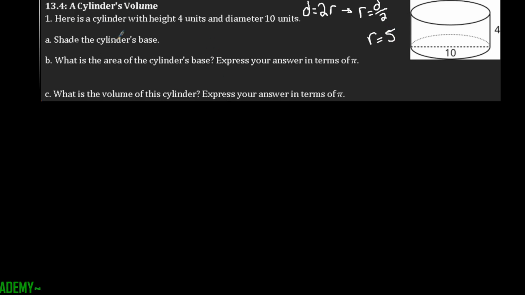Then for part A, it says shade the cylinder's base. What you can do is use a different color for this, so you can see what you have.